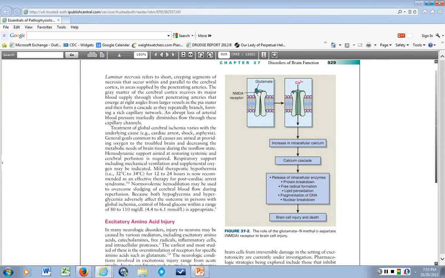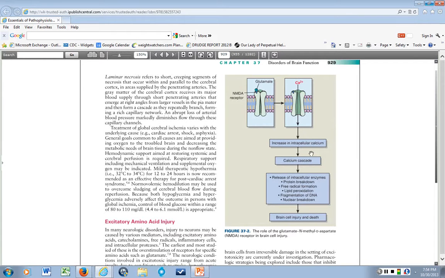It becomes overstimulated, and it opens calcium channels and increases calcium influx into the cells. And this is what I want you to note here. I'm not asking you to get through all of this process, but note what can happen. It's a mechanism of injury to the brain. Glutamate receptors get overstimulated. They cause an increase in intracellular calcium.